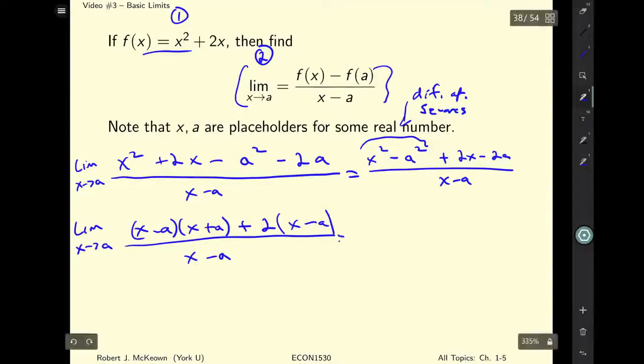If I want to make this really clear, I could write x minus a times x plus a plus 2, over x minus a.